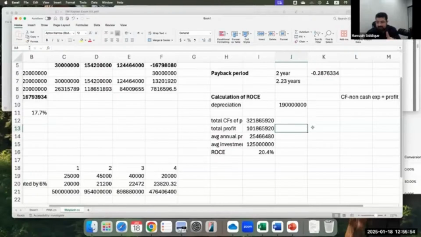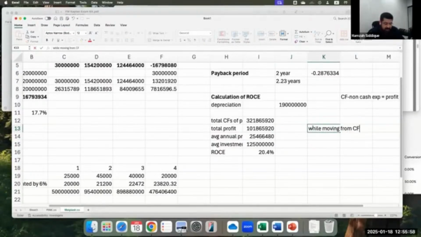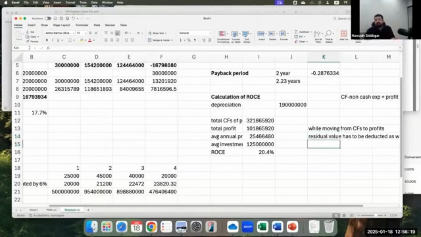I explained it in the last class that while moving from cash flows to profits, residual value has to be deducted as well. Why? Because that is part of cash flows, and in the profits, that is not included.